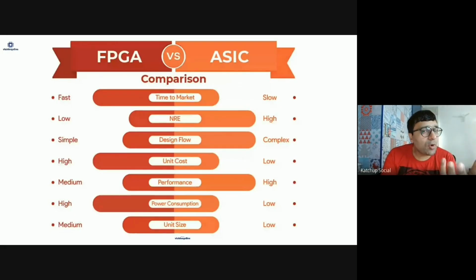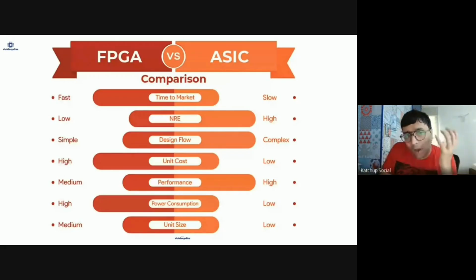But if you're small, maybe you want to go the FPGA route. There are some pros and cons of doing that. FPGA is something where you can design a particular logic, and rather than going to the foundry, you can put it on an FPGA board directly.